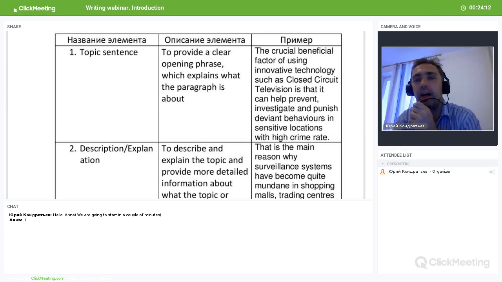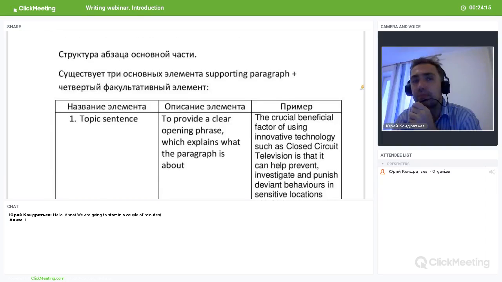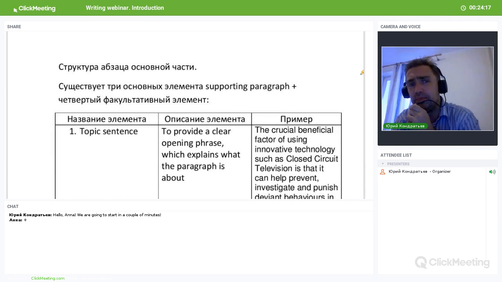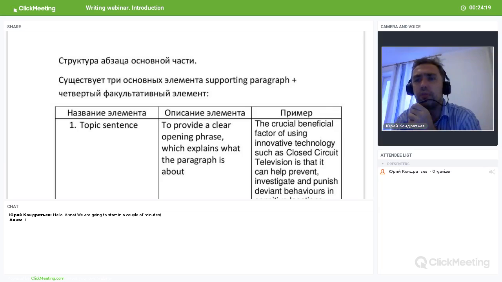Right. And here is an example of a body paragraph, or supporting body paragraph, as it's called. So it supports the ideas mentioned in the introduction.